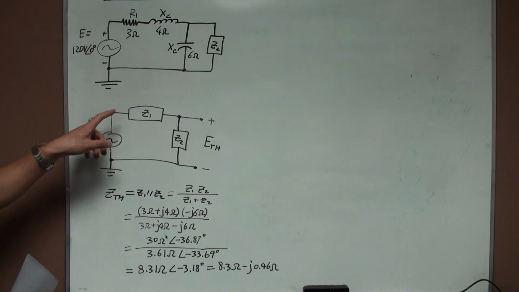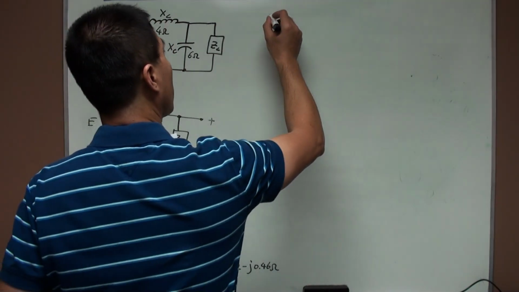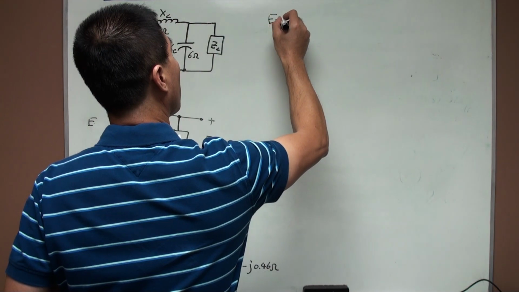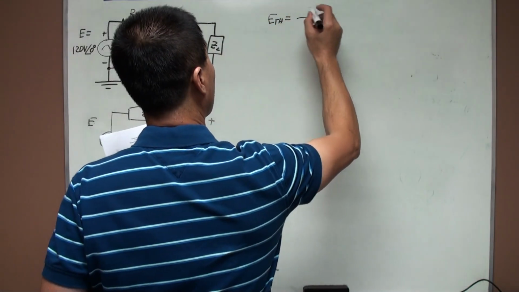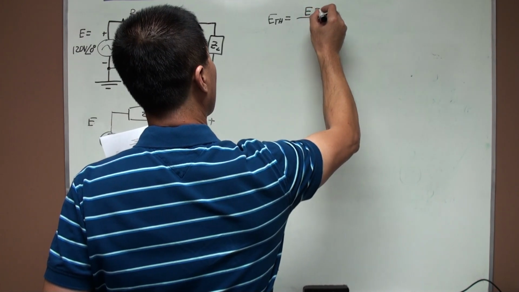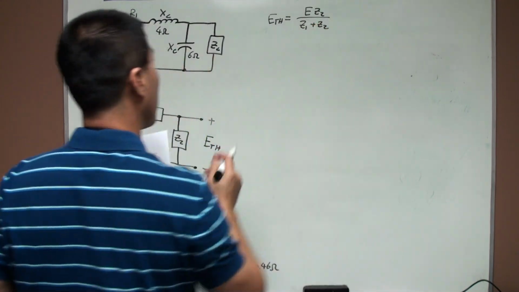Based on the voltage divider rule, ETH can be calculated by using E times Z2 over Z1 plus Z2.